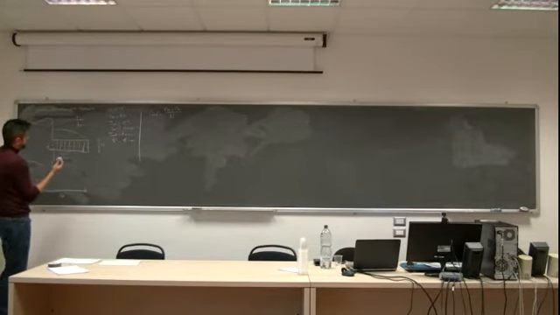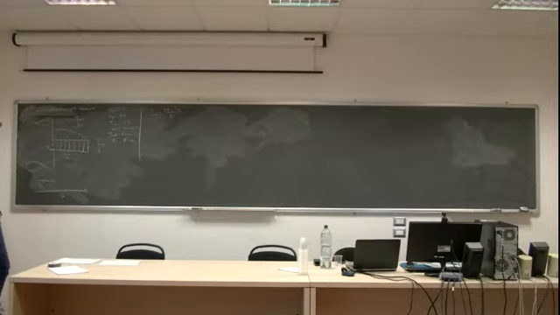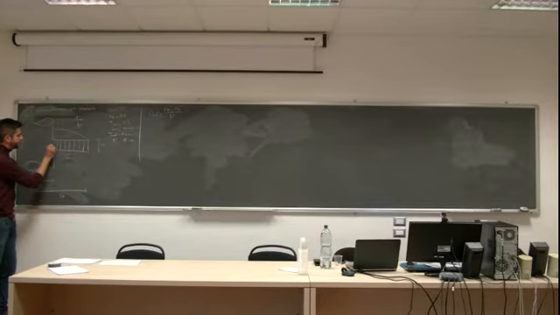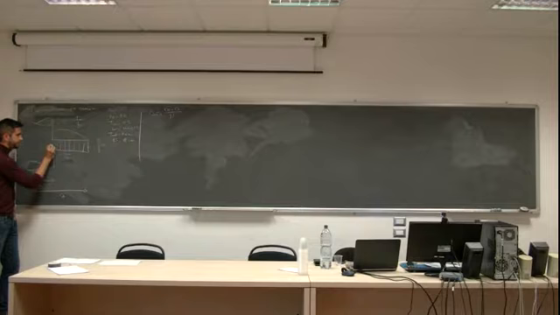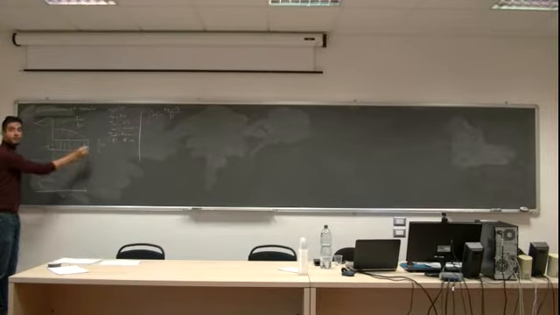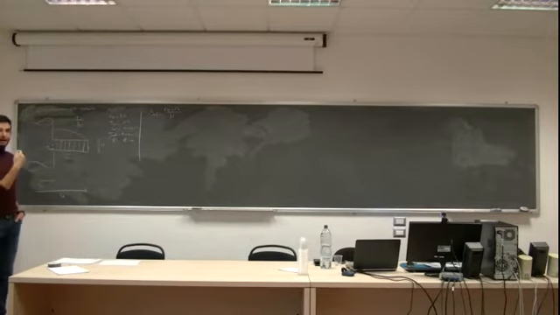Now, as you can imagine, I'm dividing the domain in different nodes, and the computer will start here, apply equations, get results. Go here, apply equations, get results. Go here, go here, go here, and so on.